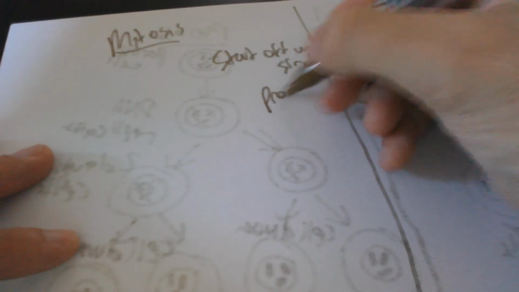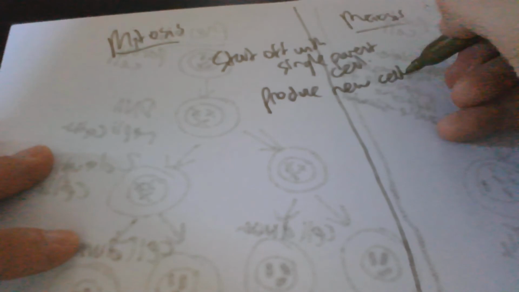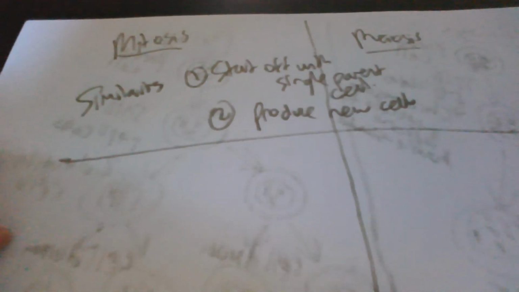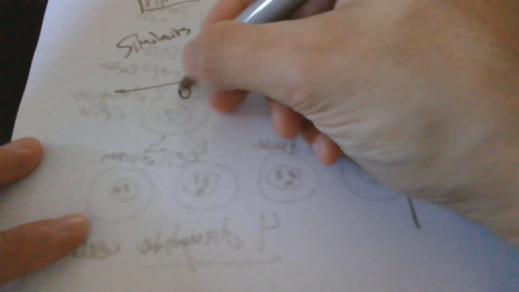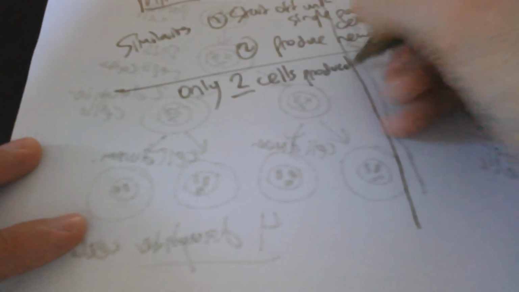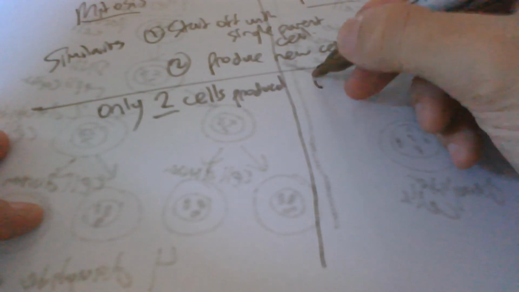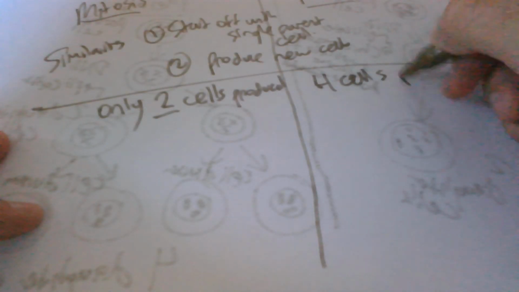And they also produce new cells. They're the two similarities. That's common for both. Now, in mitosis, remember, only two cells are produced. Whereas in meiosis, you get four cells produced.